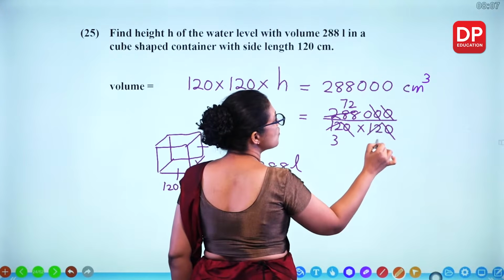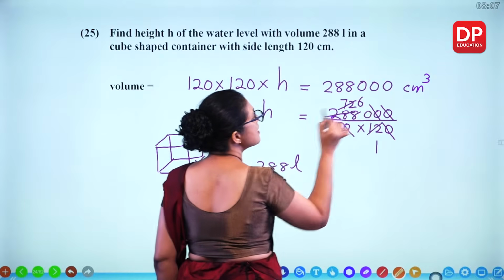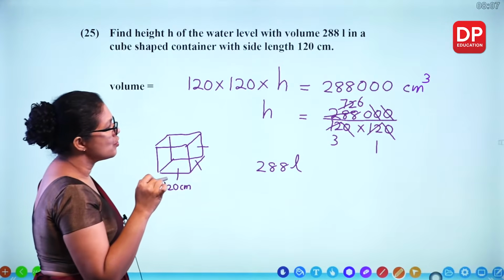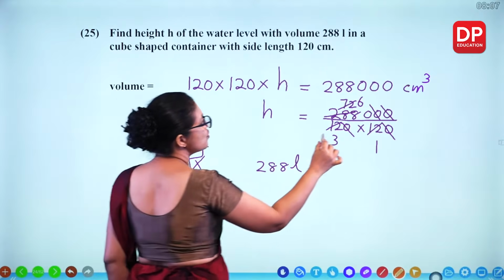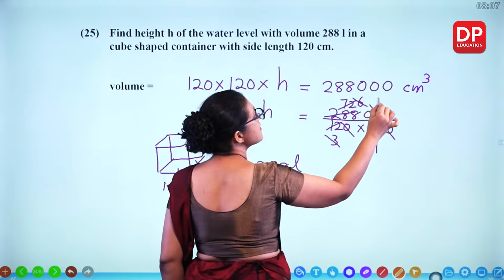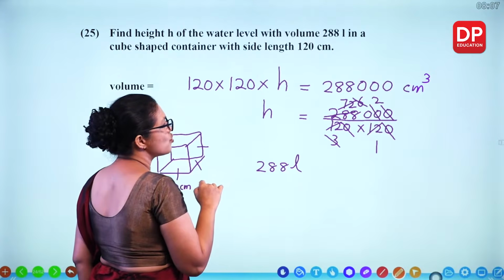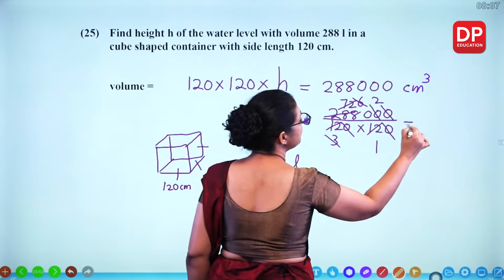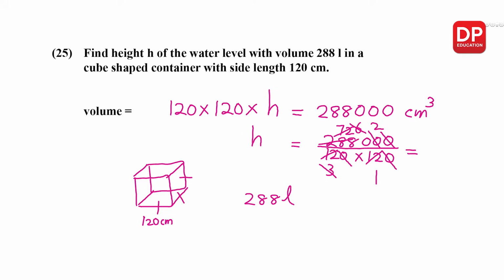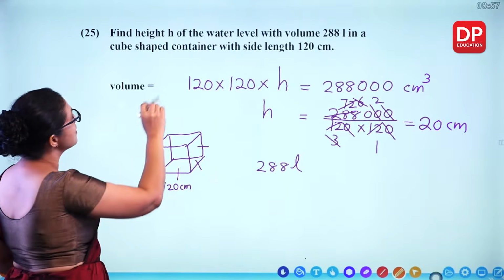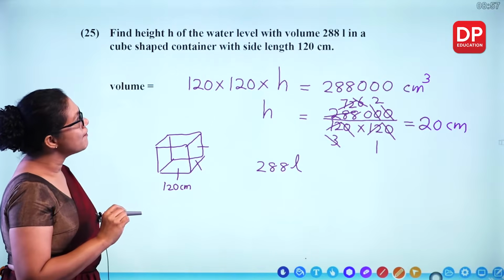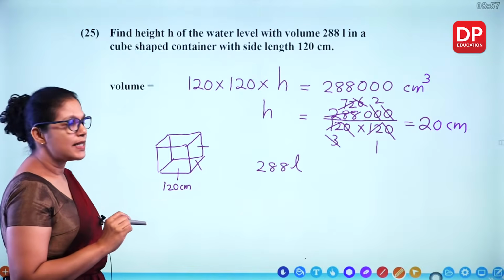Again 12 times 1 and 12 times 6, 72. So 3 and 6 you can cancel and write 2. So what's the height? 2 times 10. So what's the final answer? 20 centimeters. The height h of the water level is 20 centimeters.